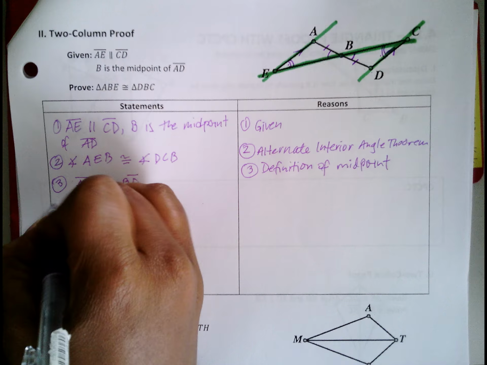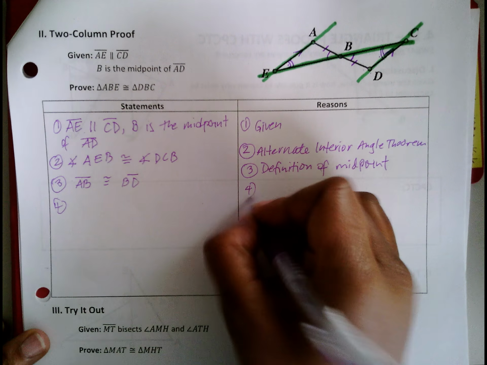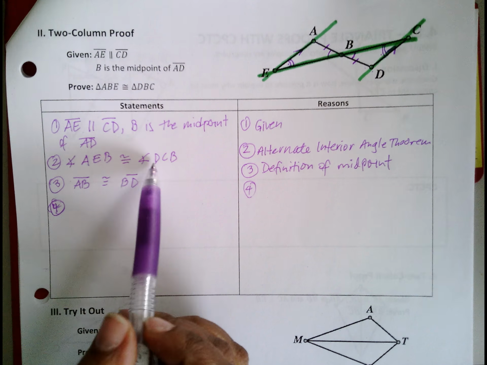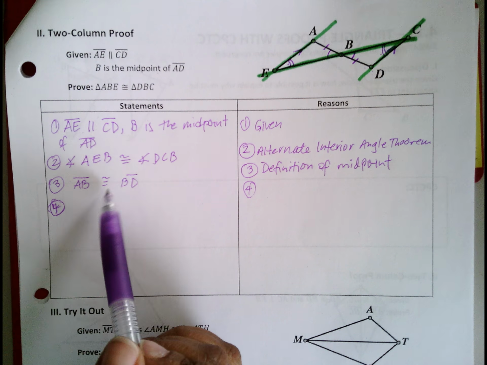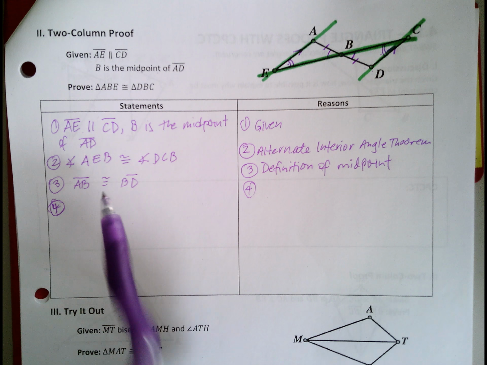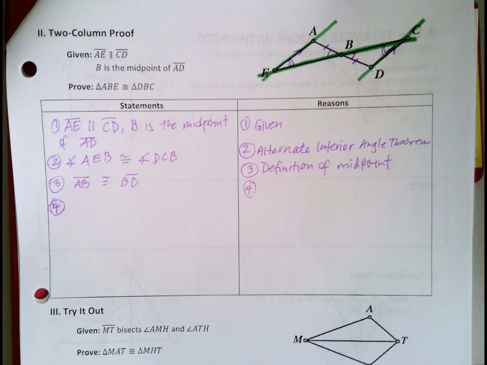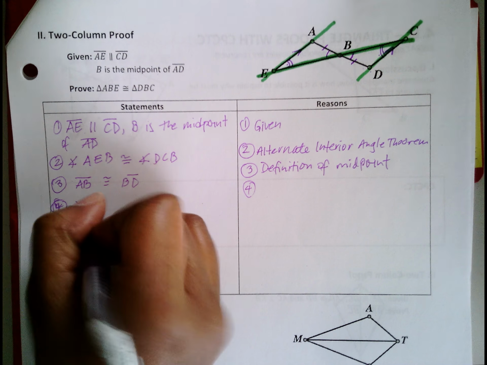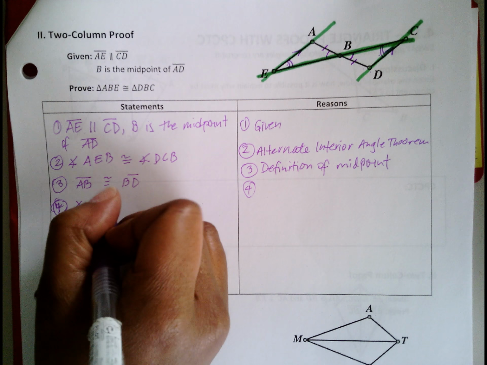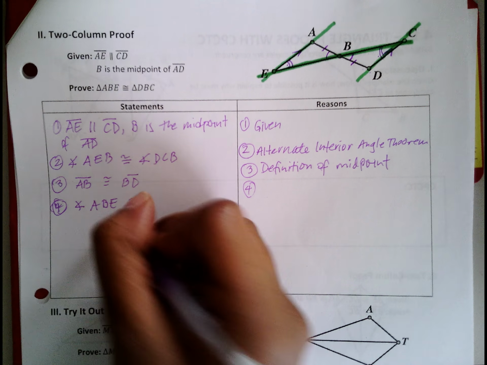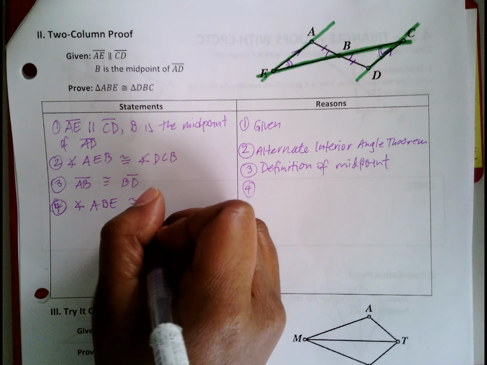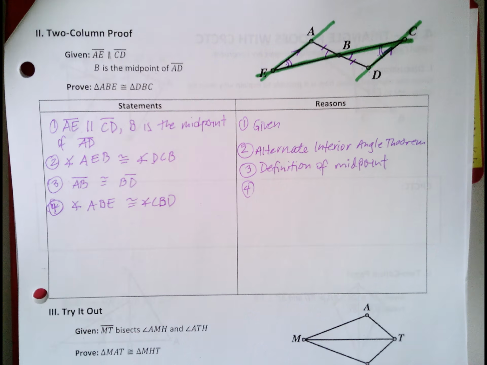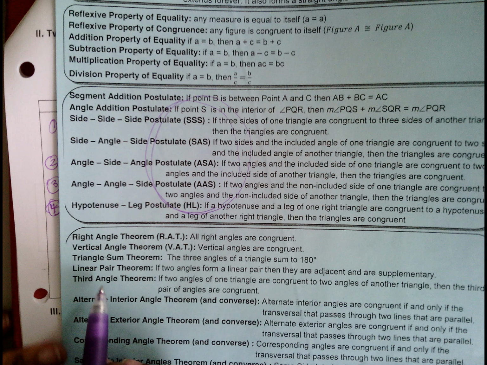Okay, I'm almost finished writing my proof. I've explained why one angle set is congruent, and I've explained why a set of sides is congruent. All I have to do now is explain why the other angle set is congruent, and it's because they're vertical angles. So angle ABE is congruent to angle CBD, and that is because of the vertical angles theorem.